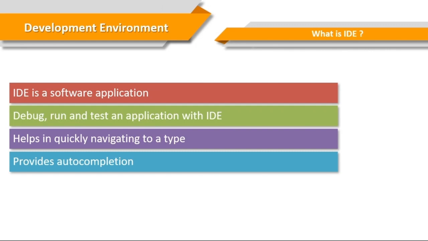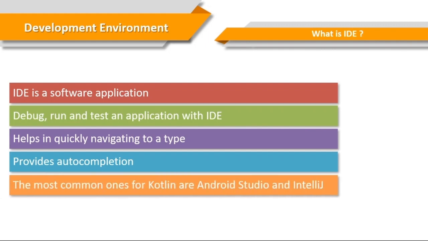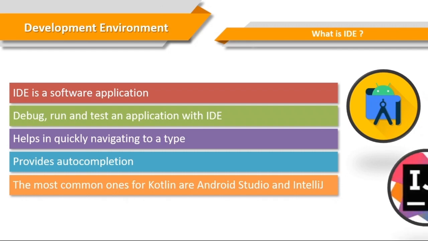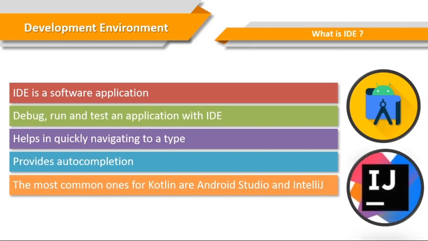Now, all these features are pretty good reasons for you to prefer an IDE. But I'll tell you something for nothing. The most used IDEs for Kotlin are Android Studio and IntelliJ. I prefer Android Studio, so I'm going to introduce Android Studio to you, and I'm going to write Kotlin programs on Android Studio during this course.